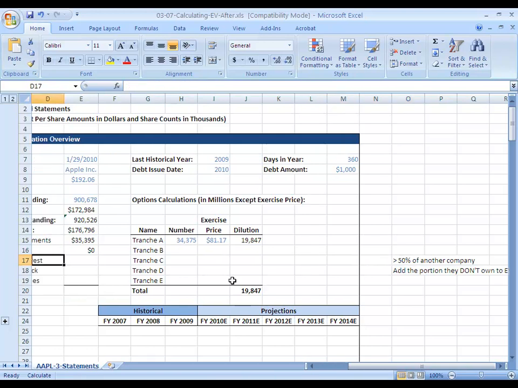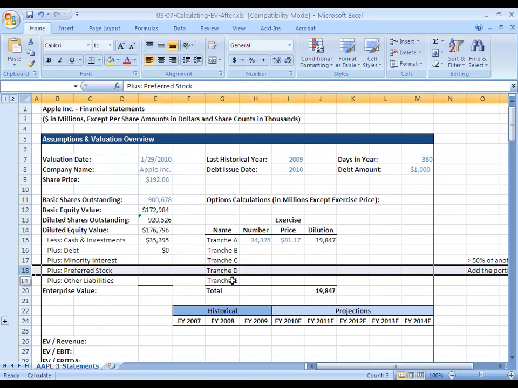Preferred stock, by contrast, operates more like debt. Preferred stockholders get a guaranteed dividend from the company, similar to common stock dividends, for example. So they get a guaranteed dividend, usually equivalent to some type of interest rate on the preferred stock, and they also have a higher claim to the company's assets than the equity investors, the shareholders.